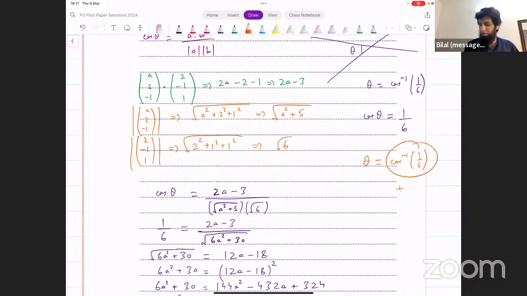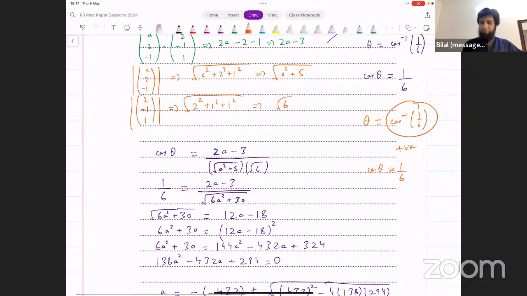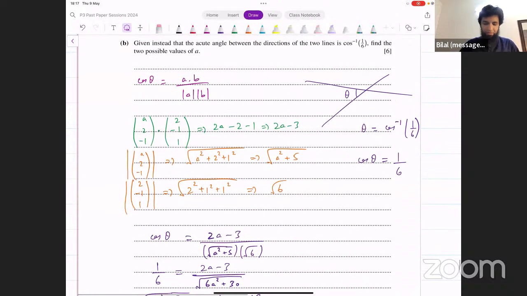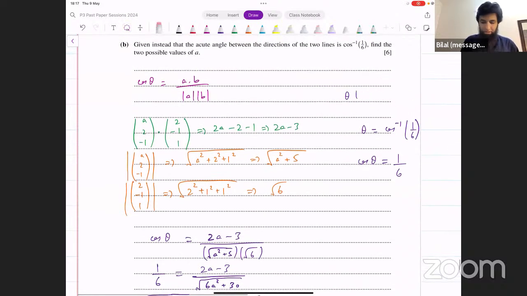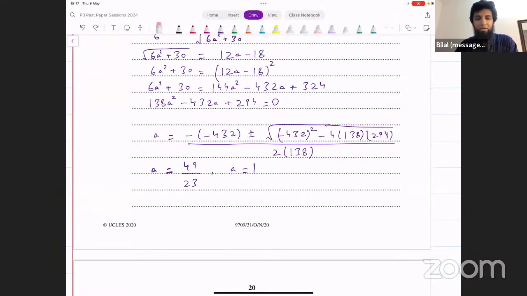That is supposed to be a positive value, but when we use cos theta equal to 1/6, cos theta can be equal to 1/6 in the first quadrant as well, but also in the fourth quadrant. So even if theta was negative in this case, that would also work. But okay, so forget about that. There was some detail that I was thinking about here, but it turns out it does not cause any problems in this case. Okay, so these are the values of A that I'm getting. A is 49/23 and the other value of A is 1. That is all that we were looking for.